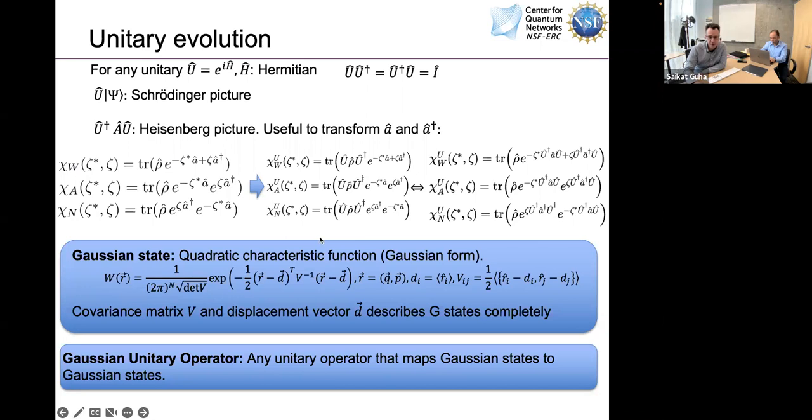A definition I want to make here is that a Gaussian state is a state whose characteristic functions are in Gaussian form. For example, if you prove it for any of the three characteristic functions or for any of the three quasi-probabilities, you're done. If one of them is Gaussian, all of them will be Gaussian.